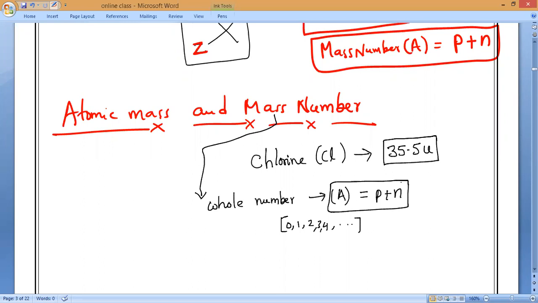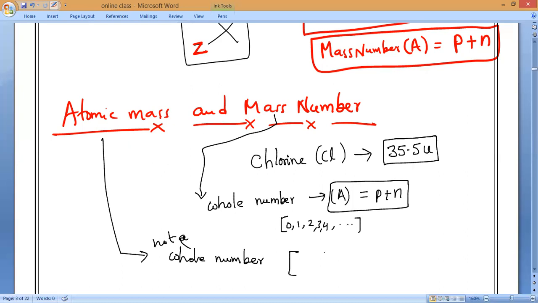While atomic mass is not a whole number. Please remember, not a whole number, because it is actually an average mass.